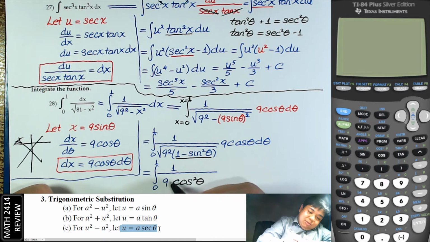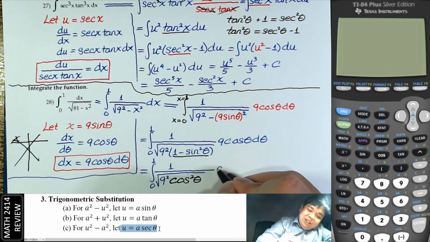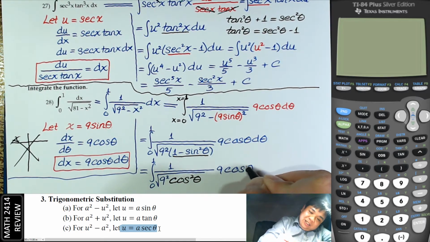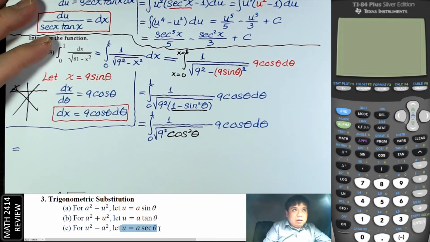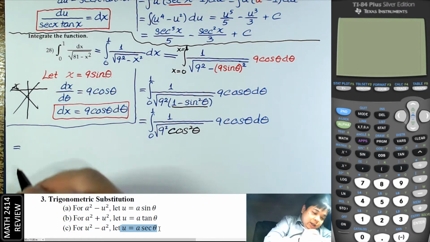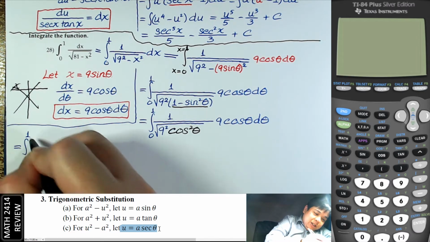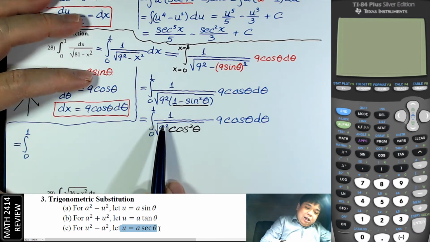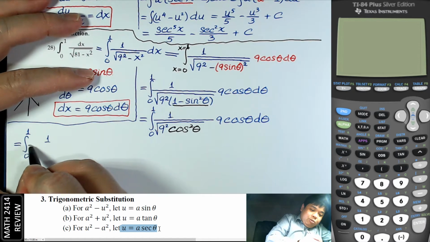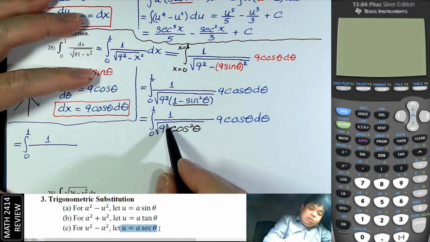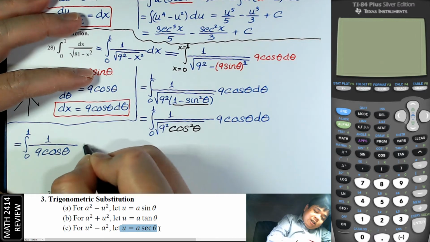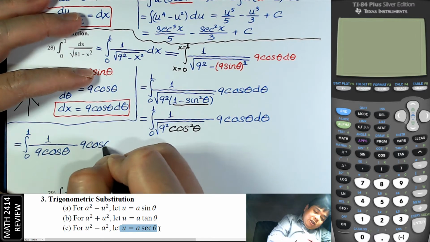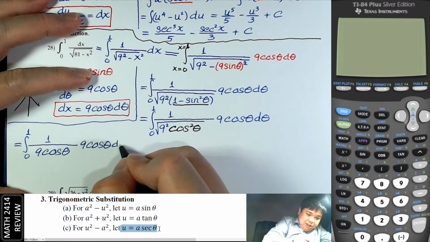I'll just do that for a moment. Still have 0 and 1. Square root, undo the square, undo the square root. So that will be just 9 cosine of theta and 9 cosine of theta d theta.